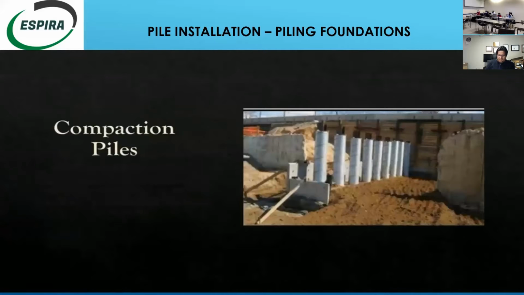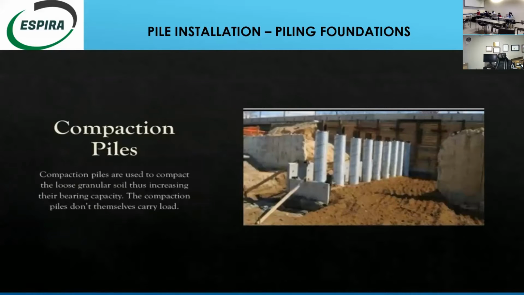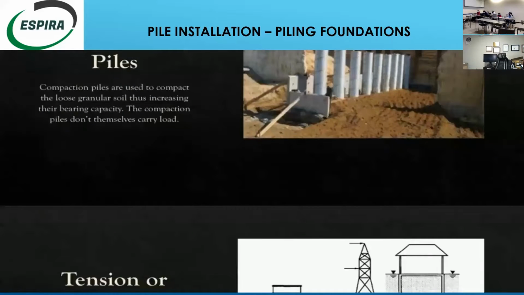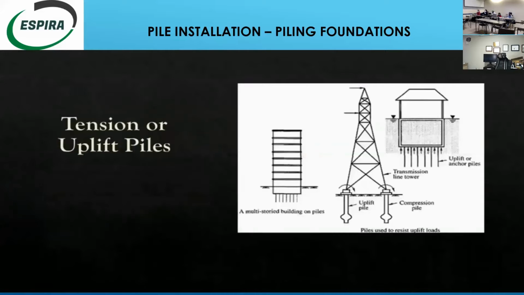Compaction piles. These are used to compact the loose granular soil, thus increasing their bearing capacity. The compaction piles don't themselves carry load. Retention or uplift piles. These piles anchor down the structure subjected to uplift due to hydrostatic pressure or due to overturning moment.